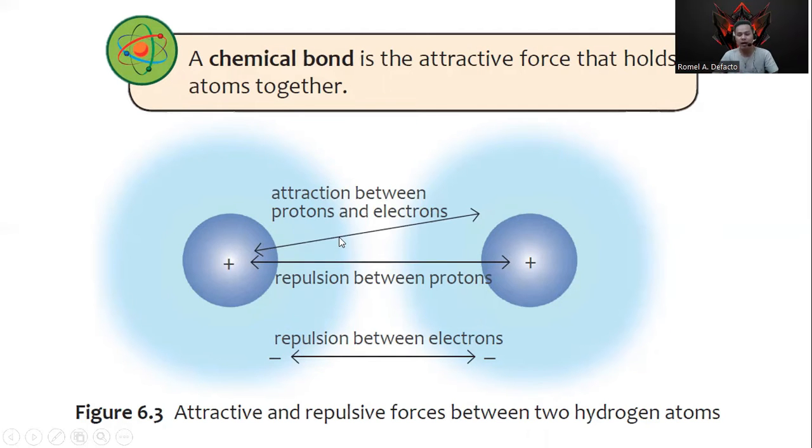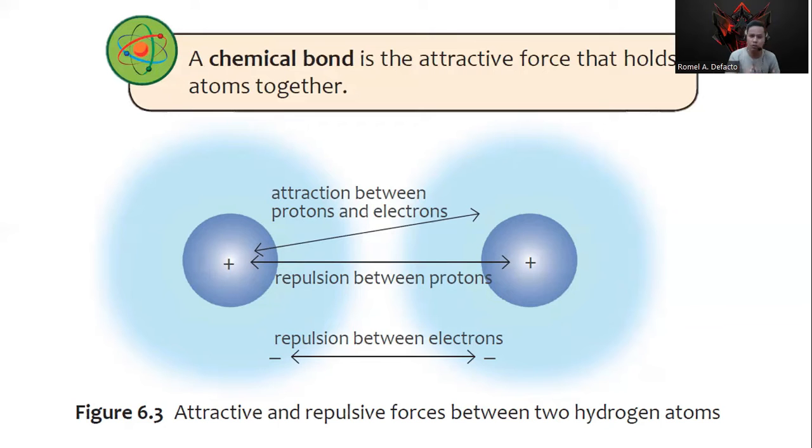And the third one is attraction, between the protons and the electrons. It's not clearly specified here, but that's the case. So we have the attraction between the protons and electrons, the repulsion between two protons, and the repulsion between two electrons. There should be enough space between these atoms, because if they are too close to each other, bonding won't happen because of the two repulsive forces.